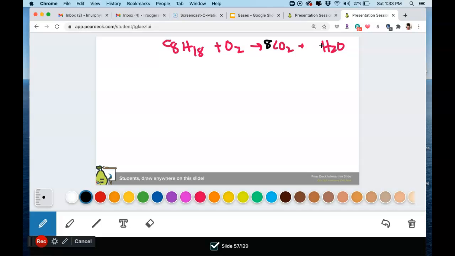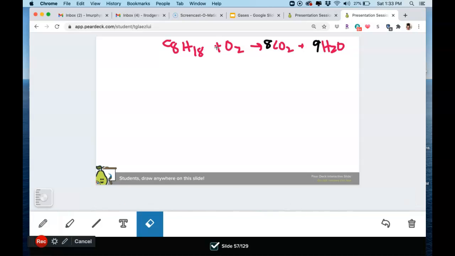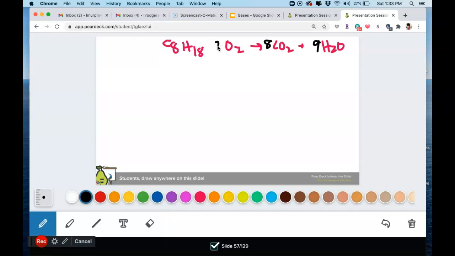Okay. 18, so 9 times 2 is 18. Ugh, yucky. 8 times 2 is 16 plus 9 is 25. So the way we tend to do this is write this as a fraction, right? So 25 over 2, right? Because 25 halves times 2, right here, is 25. All right, sorry about that. So 25 halves times 2 is 25, right?